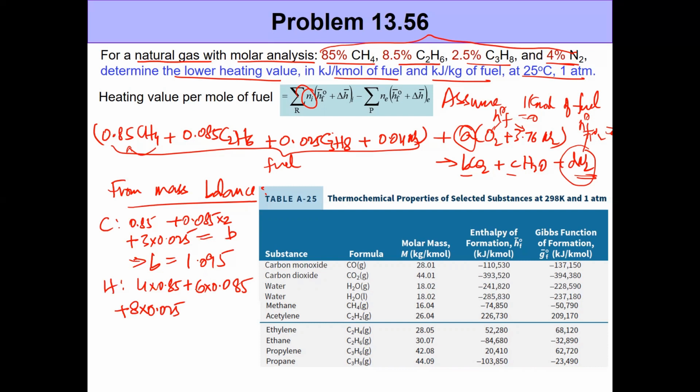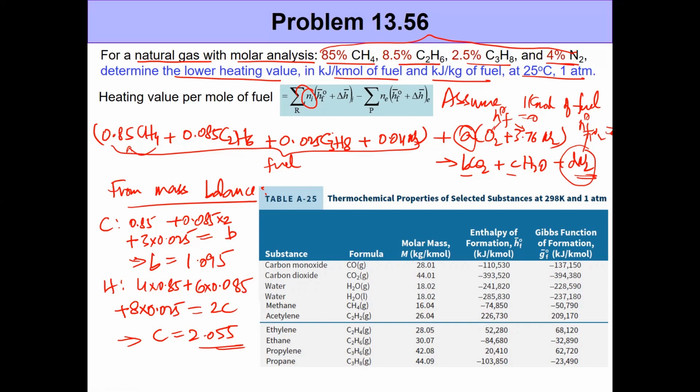And this is all the hydrogen we have on the reactant side. On the product side, it's 2 times C, right? 2 atoms of hydrogen in H2O multiplied with C. When you plug in the numbers and do the math, the value of C comes out to be 2.055.